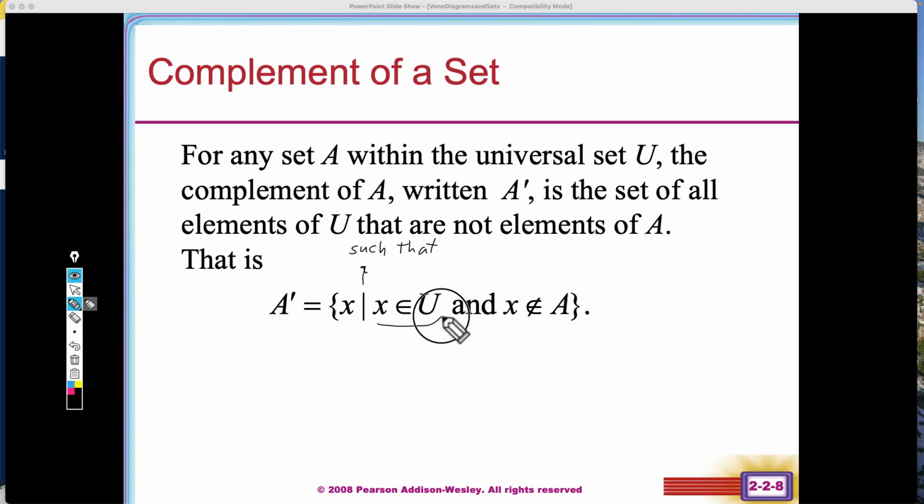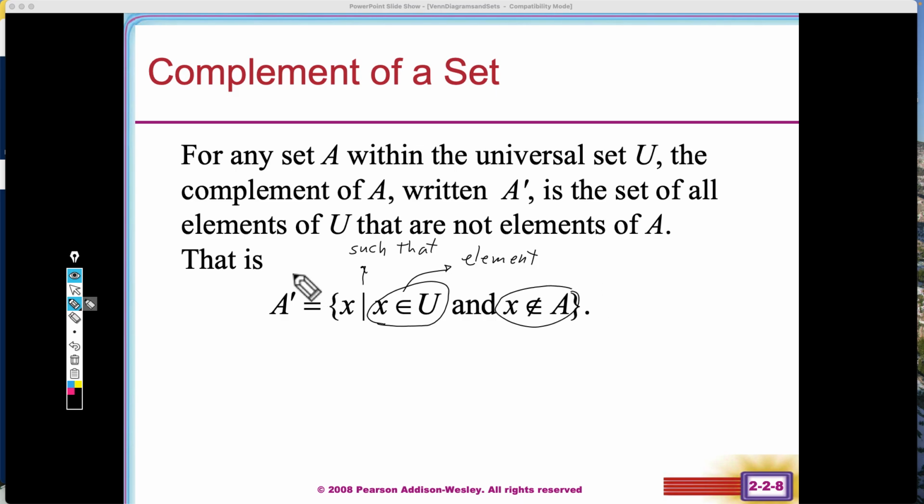That X is an element of the universal set, so it's in that rectangle, but it's not. Notice this scratched through little e. So this little e means element or item or member. So X is in the universal set, but it's not in the set of A.